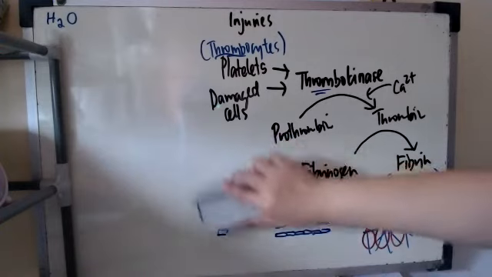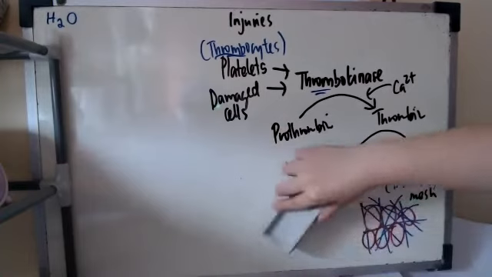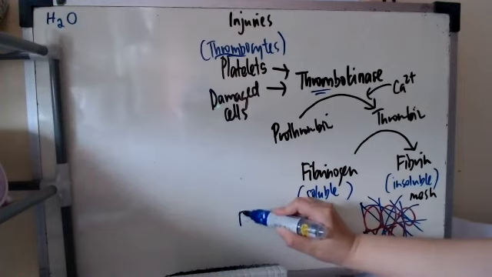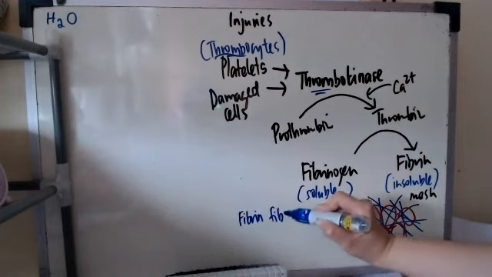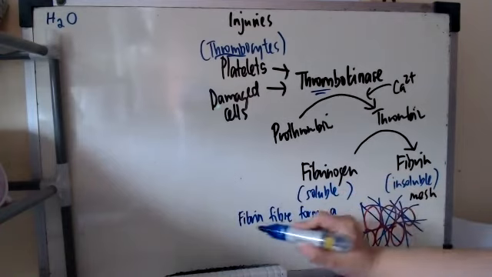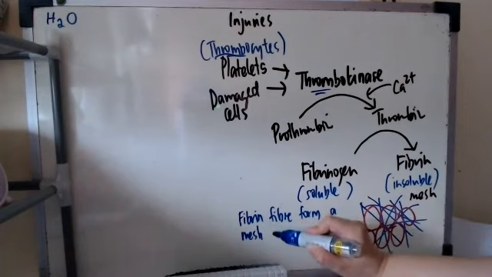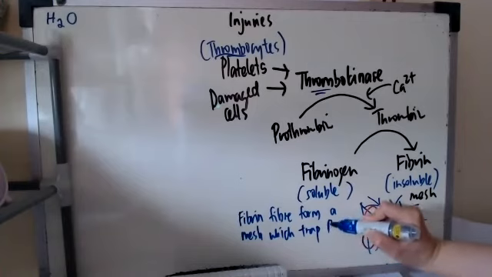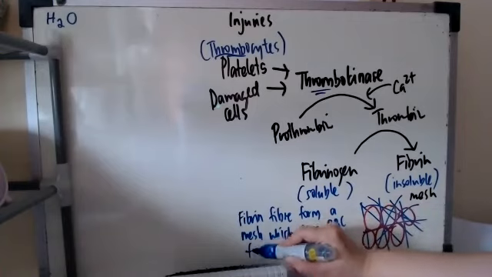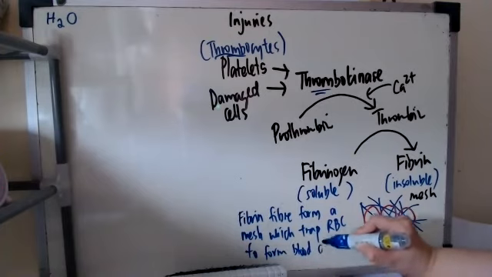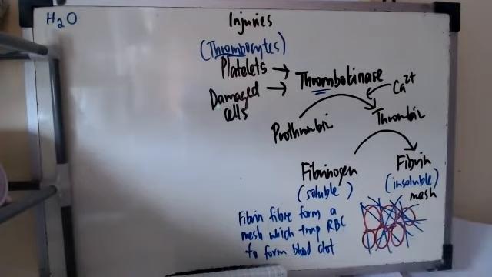In other words, fibrin fiber form a mesh which trap red blood cells to form blood clot.